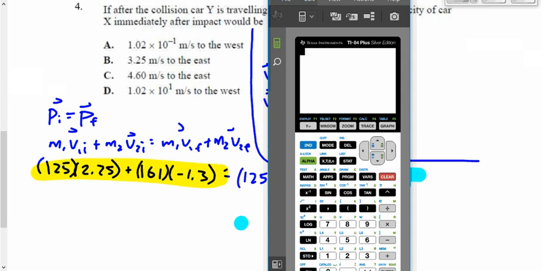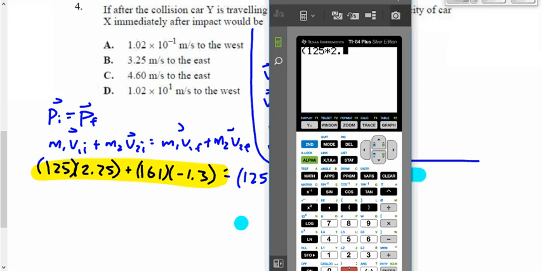Bracket 125 times 2.25. Added to that is 161 times negative 1.3. And stop me if I make a mistake here, okay? Stop me when I make it, as opposed to later on, so that we don't have to go through this process. Okay, 71.95.